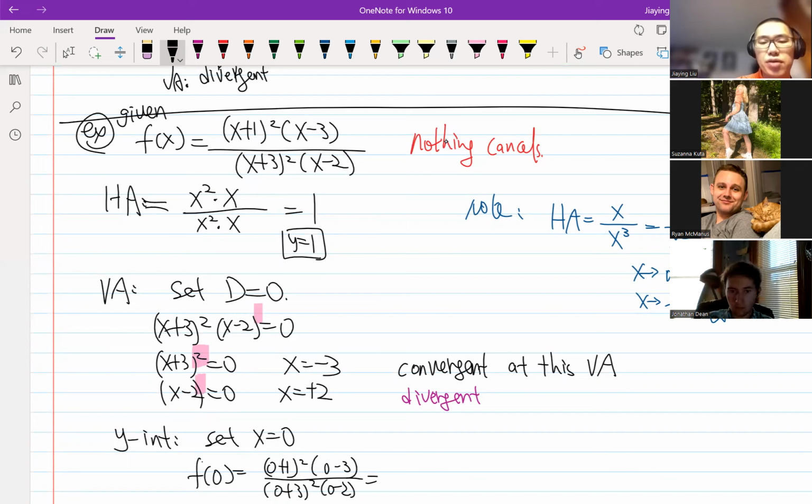That gives 1 times negative 3, over 9 times negative 2, so we get positive 3 over 18, which is 1/6. It really doesn't matter what the value is, because we can change the scale of the y-axis. As long as we know whether it's positive or negative, that's the more important thing. So it's a positive y-intercept.